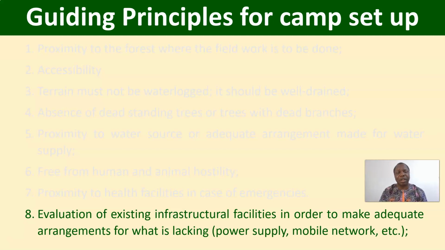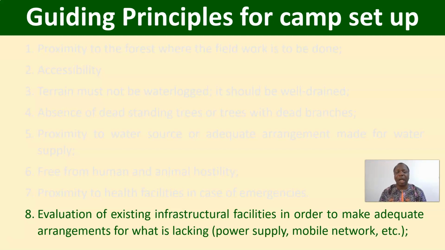When you are reviewing the day's activities at night, you need lights there. You need light to check the data the field crew have entered and submitted for the day. You need electricity. So if there is no existing public power supply, you need to make local arrangements for a generator.